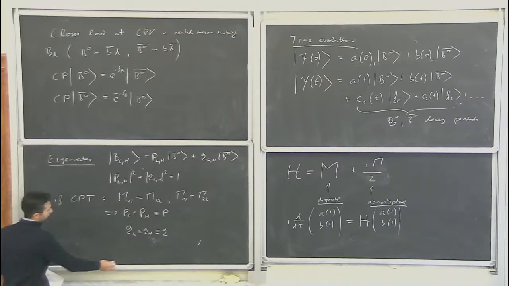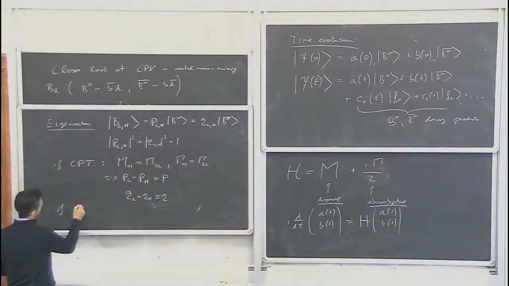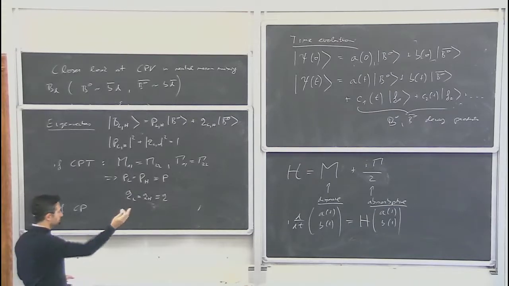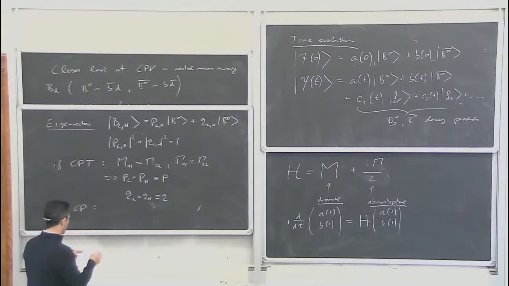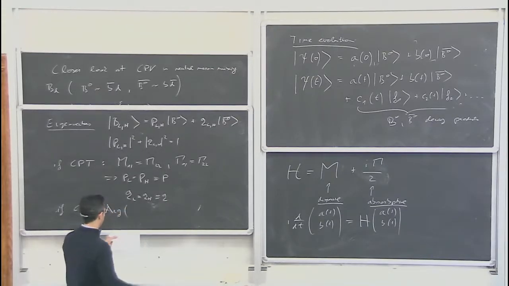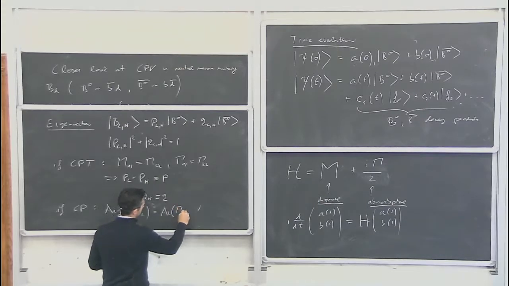Finally, if there was also CP invariance, which we know is not true in the Standard Model, but in the limit of CP invariance, one can show also that the phase of M12 has to be equal to the phase of gamma 12.